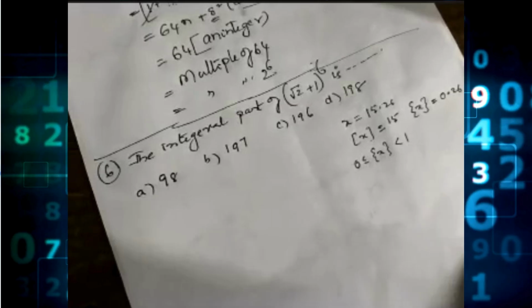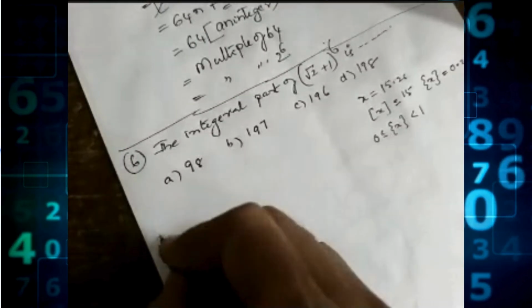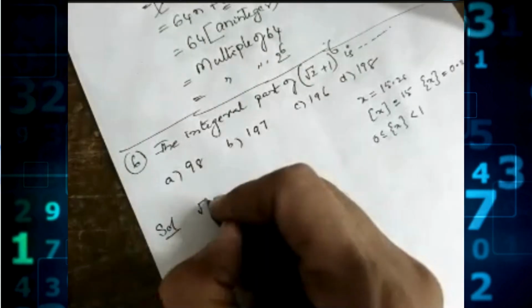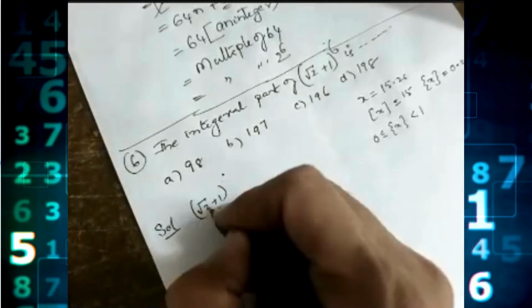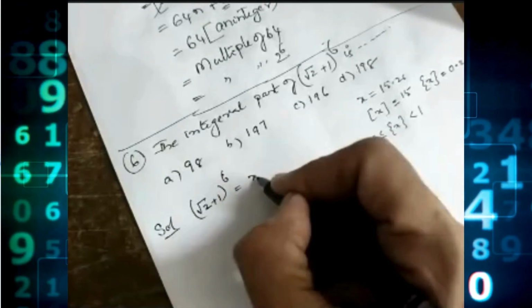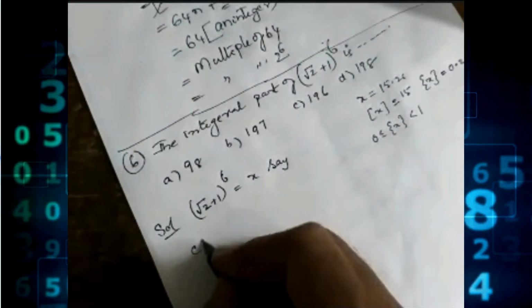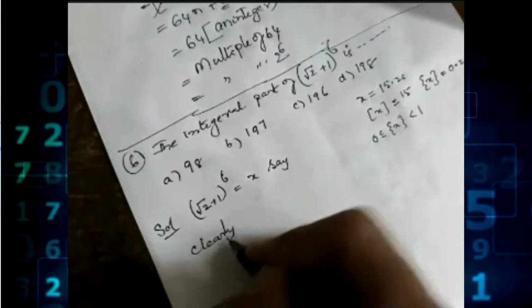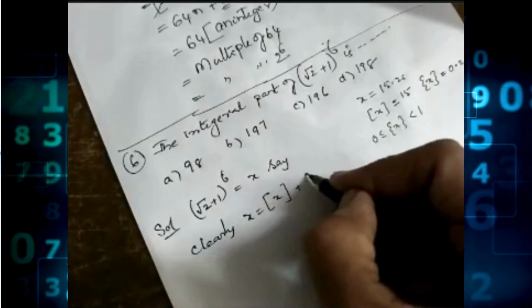Yes. Right. Now, what is the given number? Root 2 plus 1 whole to the power of 6 is equal to x. Clearly, x is equal to integral part of x plus fractional part of x.